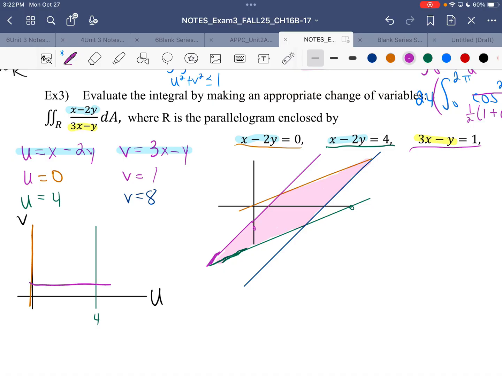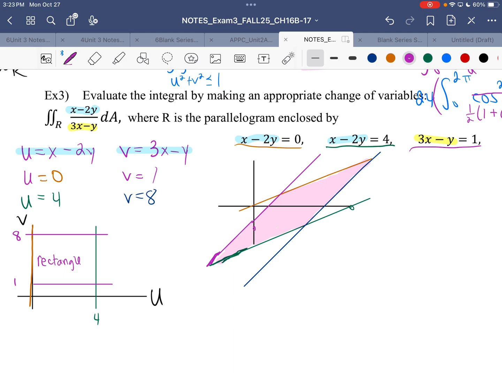And then v equals 1. Obviously not to scale, but you get the gist. What shape do we have now? A rectangle. Wow.